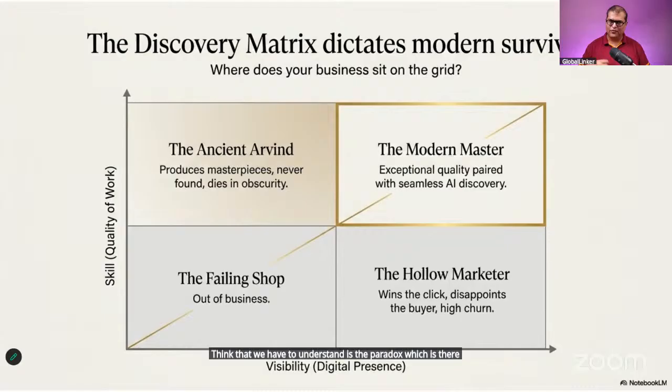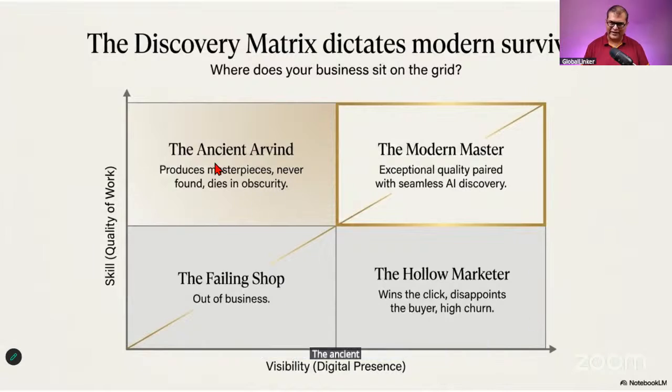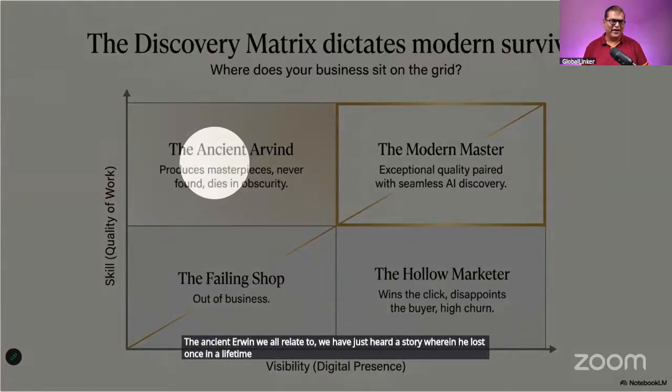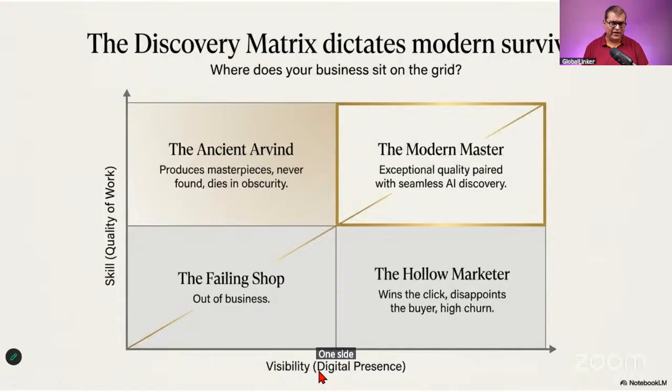So let's move ahead. Now, the first thing that we have to understand is the paradox, which is of your discoverability and skill. So here we have the ancient Arvind we all relate to. We have just heard a story wherein he lost a once in a lifetime opportunity to make the finest dress for the king, right? Now here we have this grid wherein we have skill on one axis and visibility on the other.